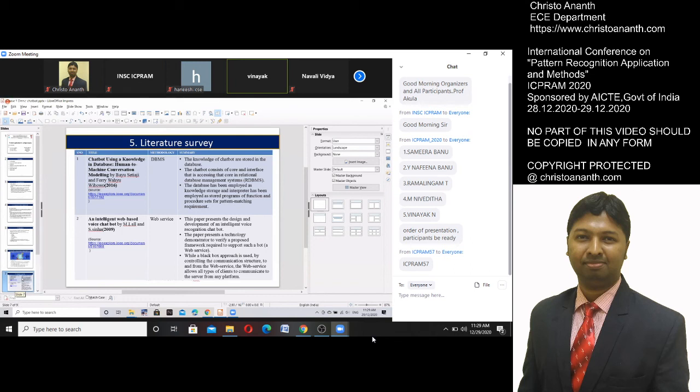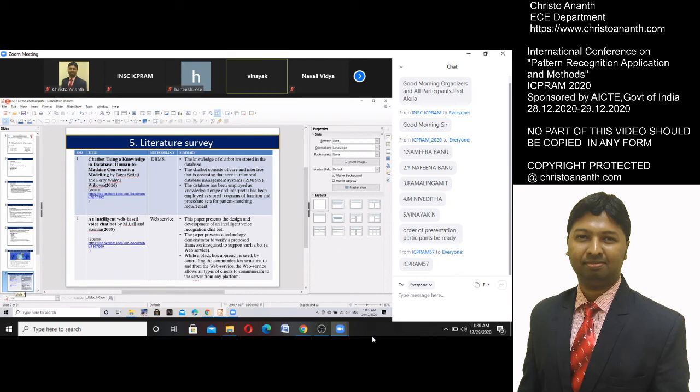The database is employed as knowledge storage, and the interpreter is employed as stored programs of functions and procedures, a set of pattern matching requirements.